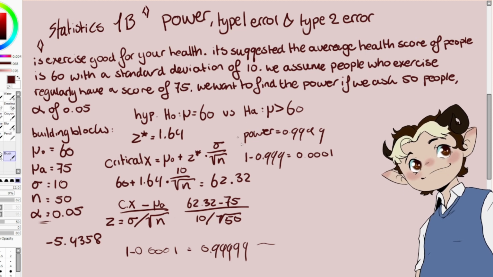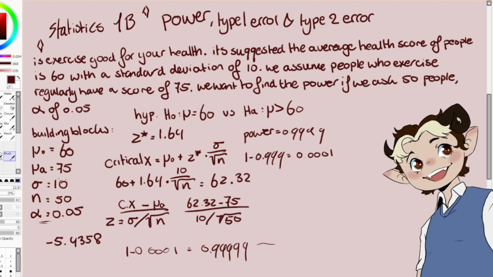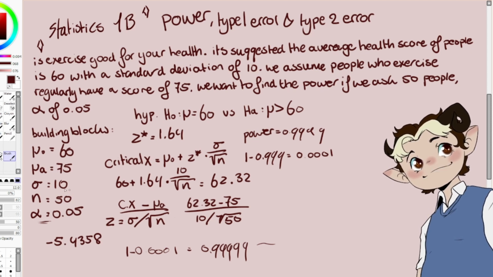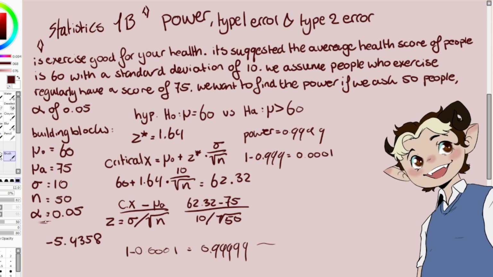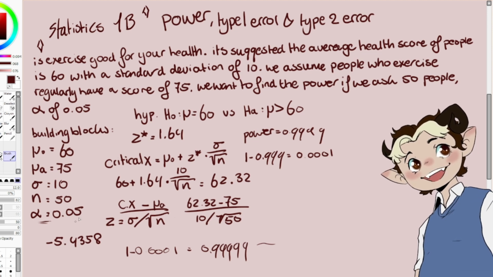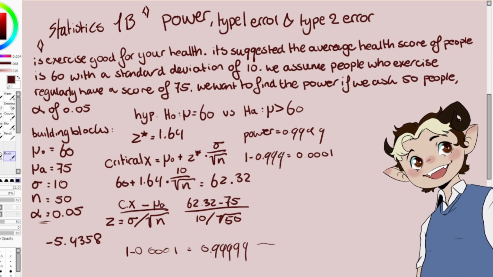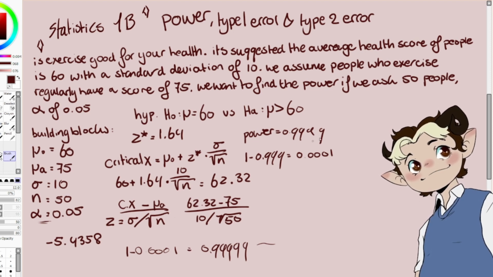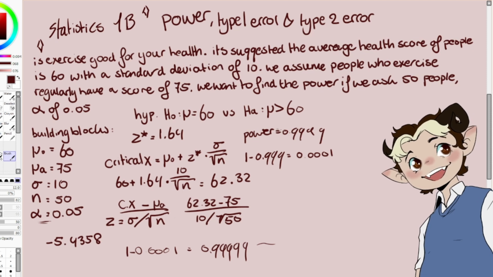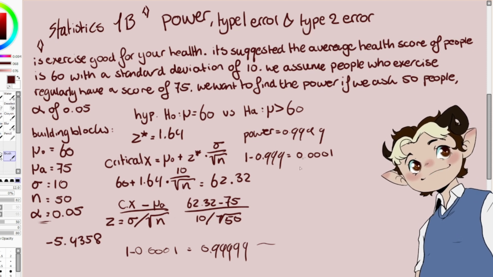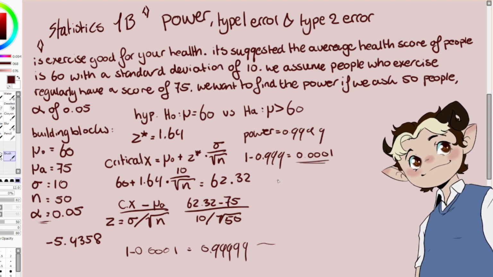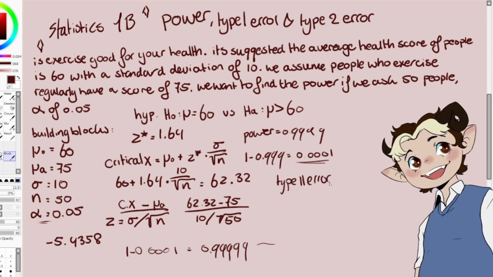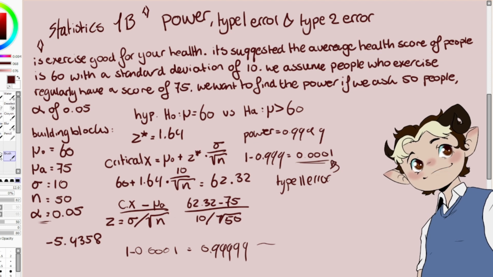We see that if we have our alternative hypothesis of 75, and we asked 50 people with an alpha level of 0.05, our power to correctly reject the null is very, very high, which is exactly what we want. And we see that our chance of a type 2 error is very low. And that's exactly what we want.